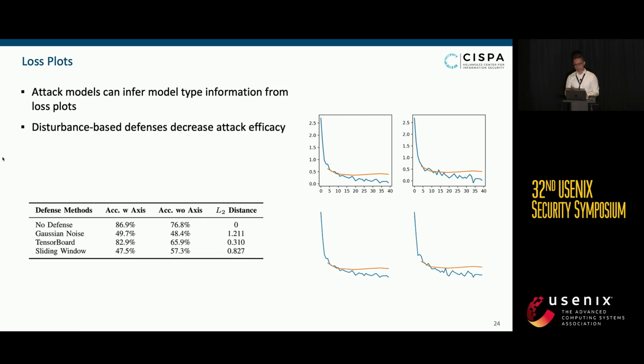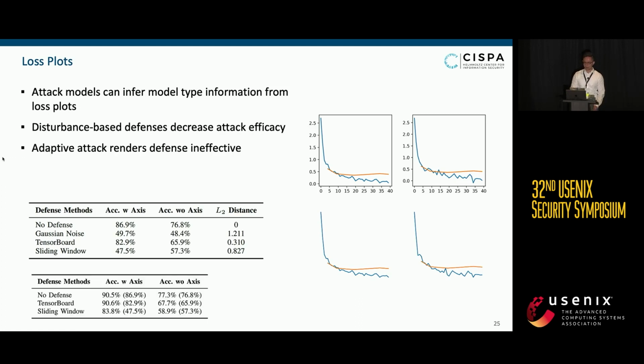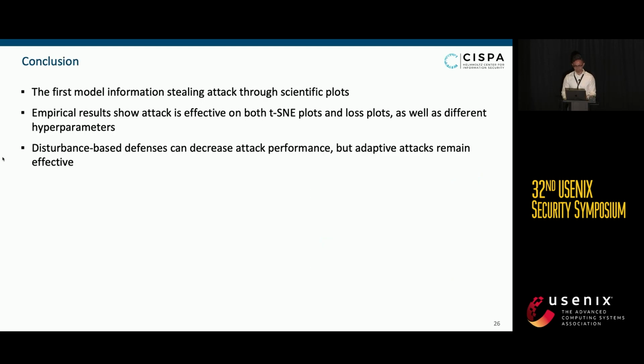Similar to t-SNE plots, we propose several disturbance-based defense mechanisms, mainly by smoothing the trajectory or adding noise. Smoothing the curve with a sliding window is most effective against the attack while preserving the overall shape. However, in the presence of an adaptive attacker, the defense once again becomes ineffective.